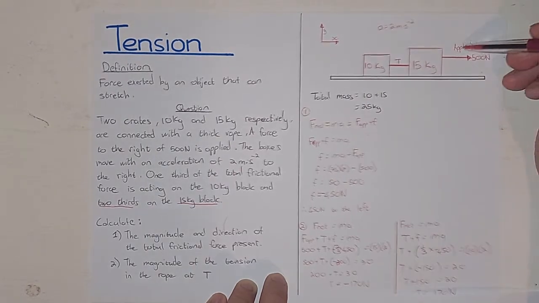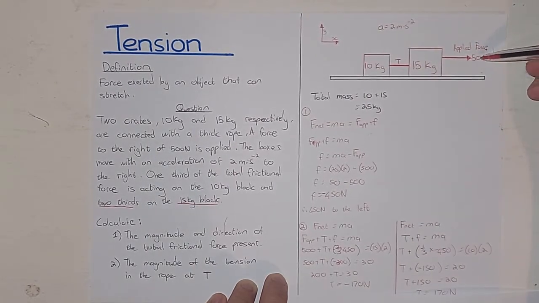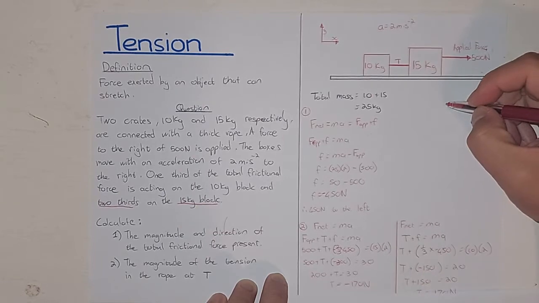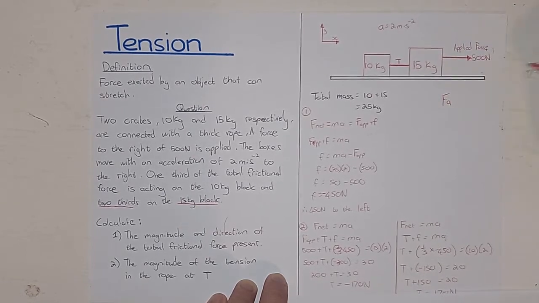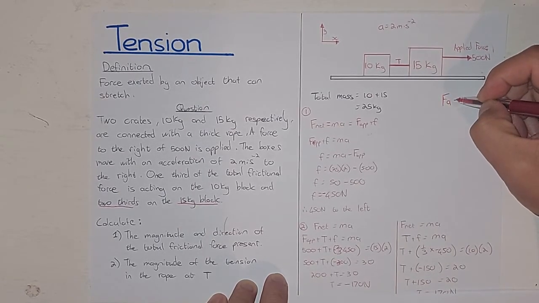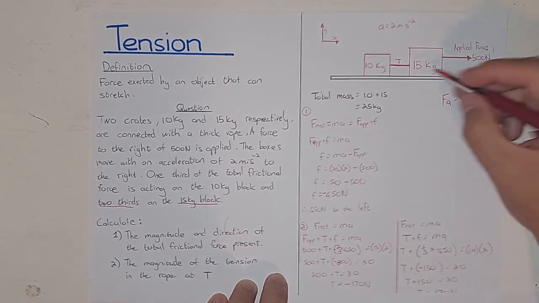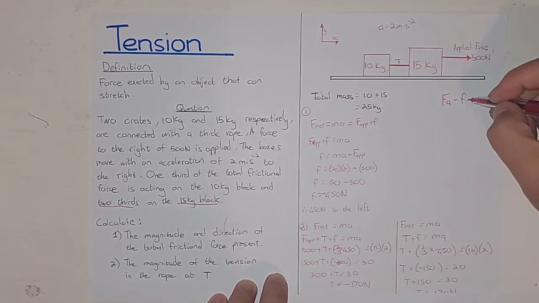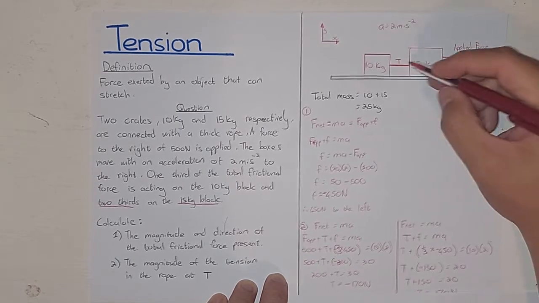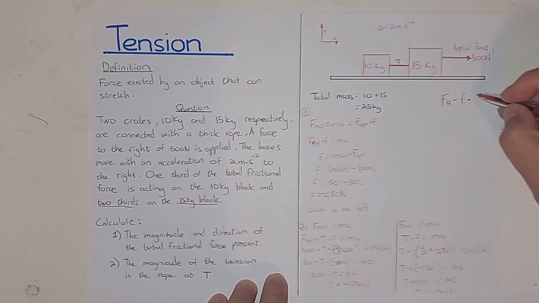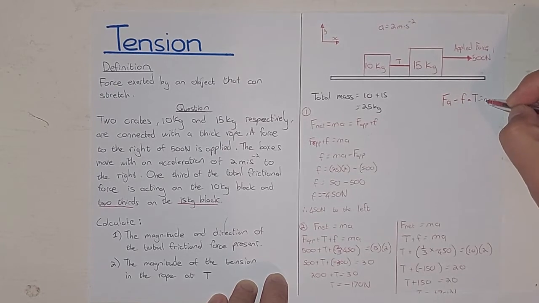So you can see for this one, if I'm looking at this object here, it is going to be my F applied minus my friction, which is this here, minus my tension. That is going to be my MA over there.